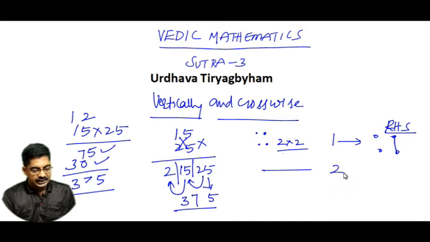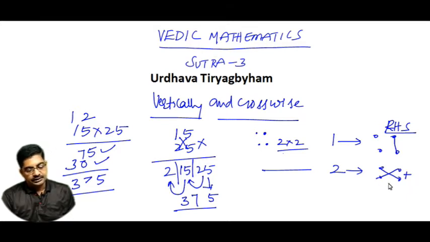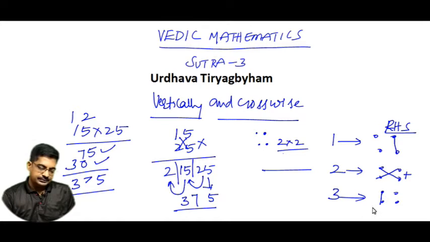The second digit will come by multiplying crosswise and adding them. And for the third digit, we have to multiply the leftmost 2 digits.